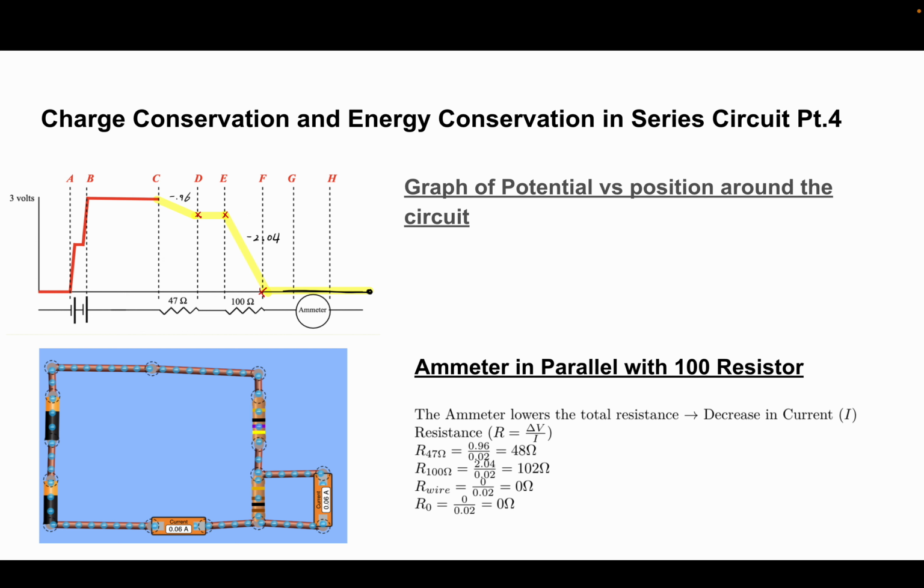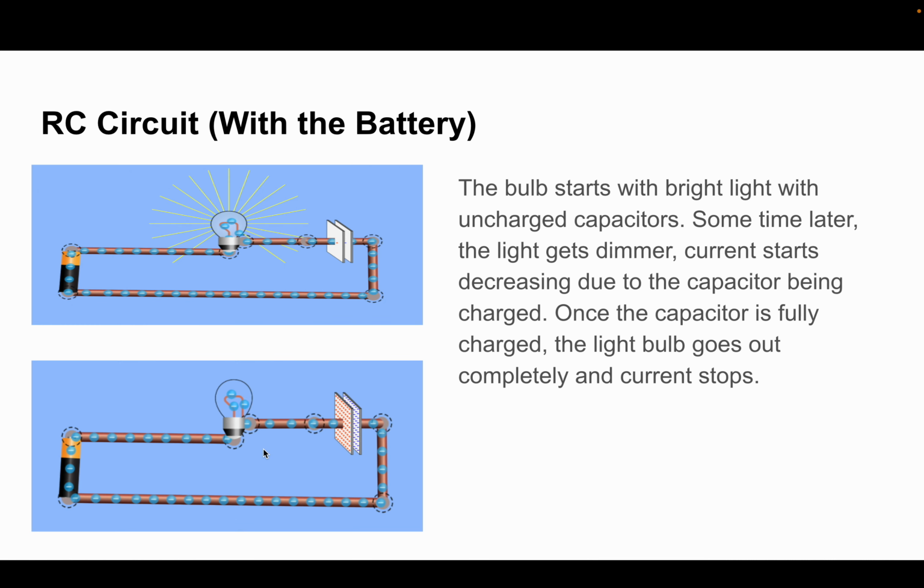And that's the amp meter in parallel with the 100 ohm resistor. And since the amp meter lowers the total resistance, this would cause the current to decrease as well. And these are my calculations for resistance for each component of the circuit.